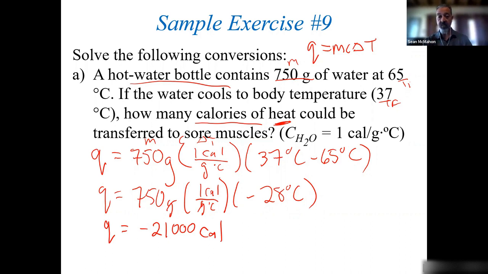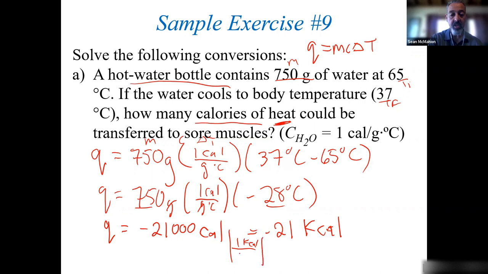Now, it wanted to know how many calories. Just to put things in perspective, this is the same, and there's only 2 sig figs, 1, 2. This is the same as me saying negative 21 kilocalories. How come? Remember, in one kilocalorie, if I use the metric system, there's 1,000 calories.